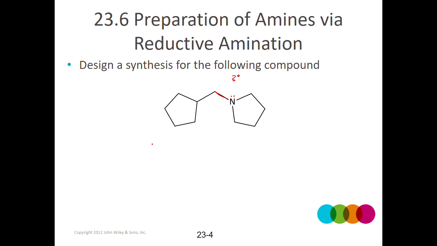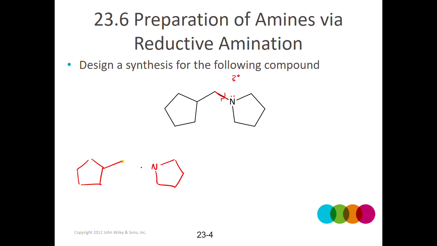So what I would be starting with is compounds that are going to come together and form this specific bond. So retrosynthetically, I would do a break there. And I would keep the other bonds connected.